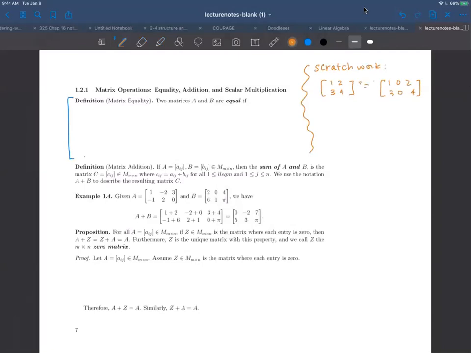I'll put quotation marks around equal here with a little question mark underneath it. They're kind of similar, right? They only have 1s, 2s, 3s, and 4s in them, aside from some zeros, but it seems kind of weird to say 2 matrices of different sizes are equal to one another. So probably this isn't very useful, so probably not. We're probably going to insist that our matrices have the same size.